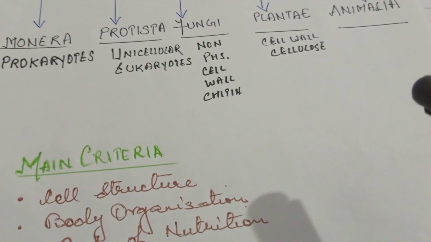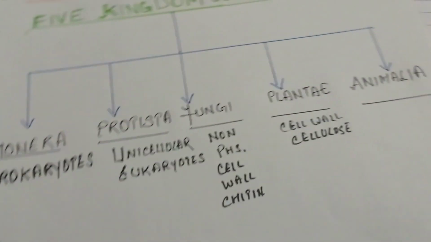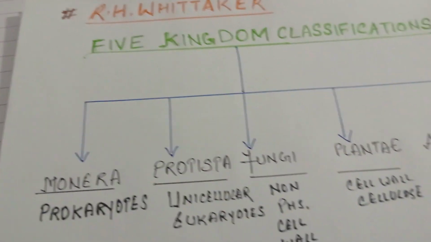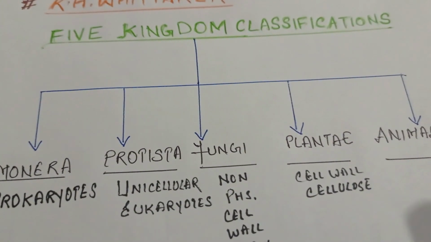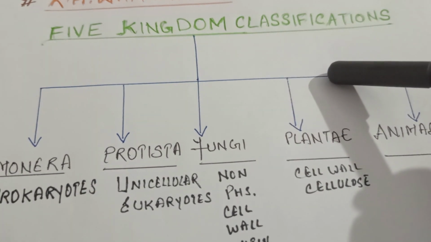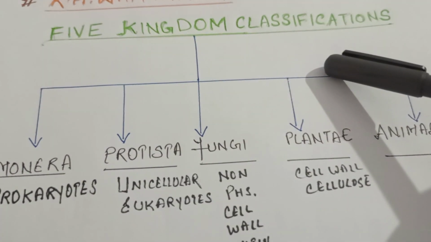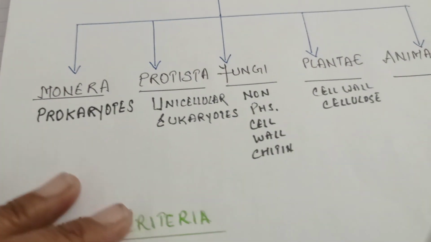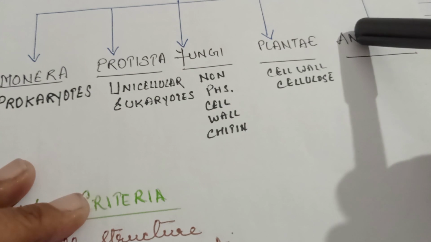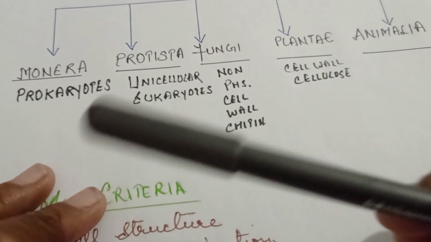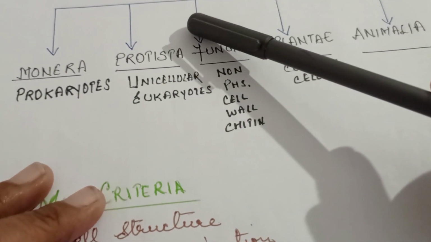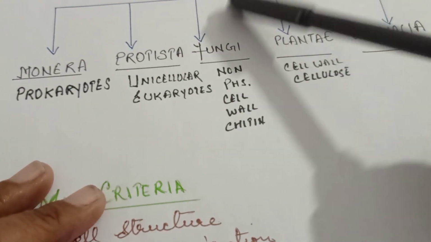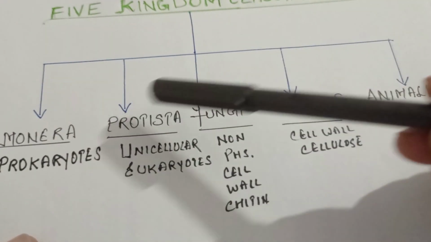Then a new classification was given by R.H. Whittaker. This was the five kingdom classification, in which all the living organisms were divided into five main kingdoms.